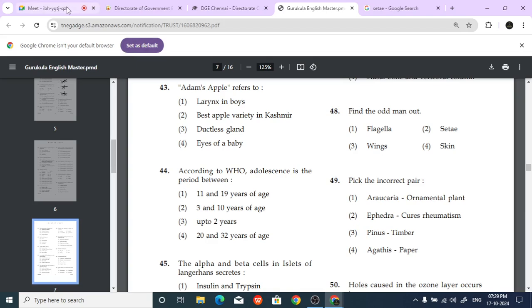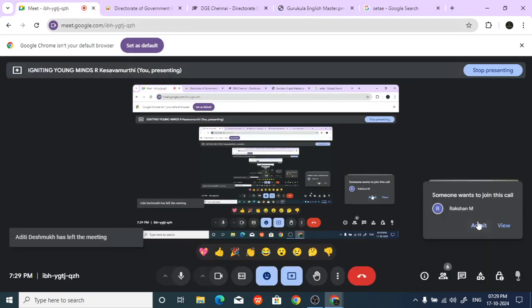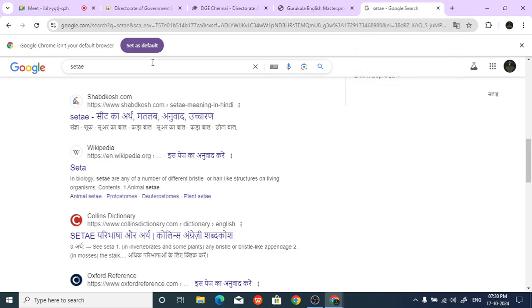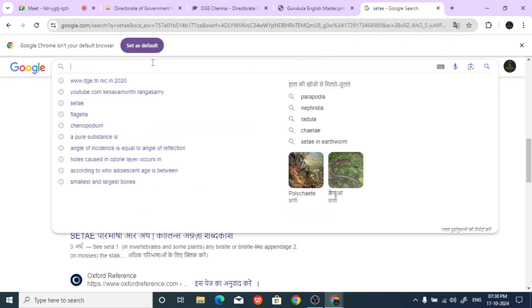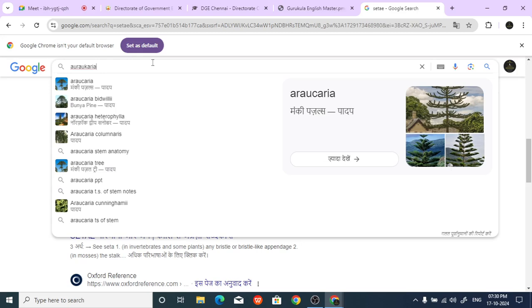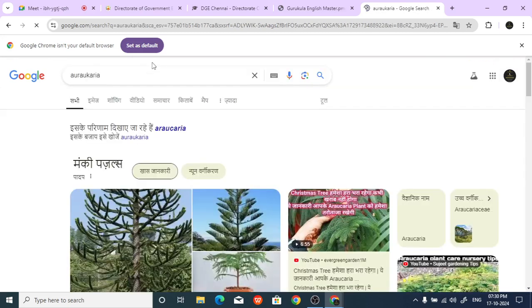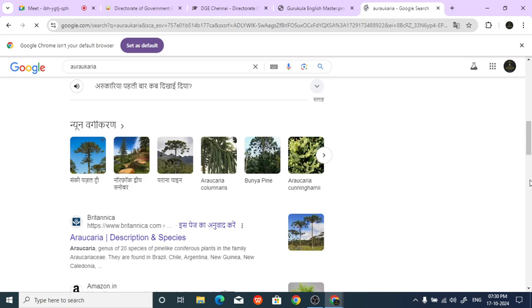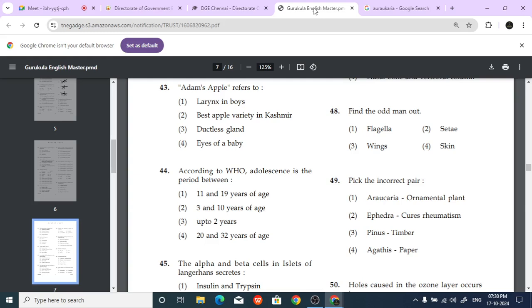Araucaria, is it an ornamental plant? No, it's not an ornamental plant. It's a coniferous plant. So I think that will be the wrong answer.